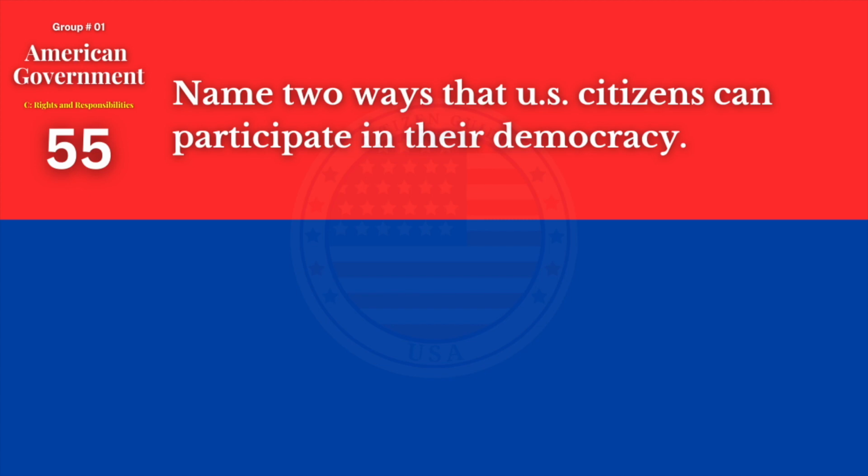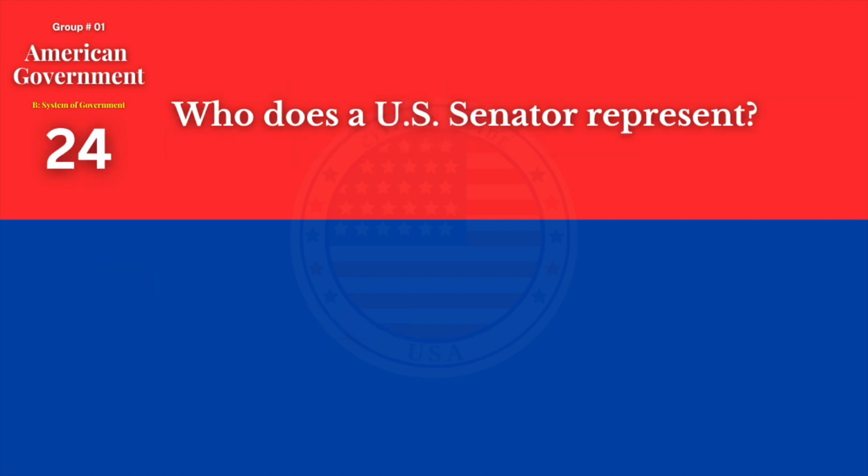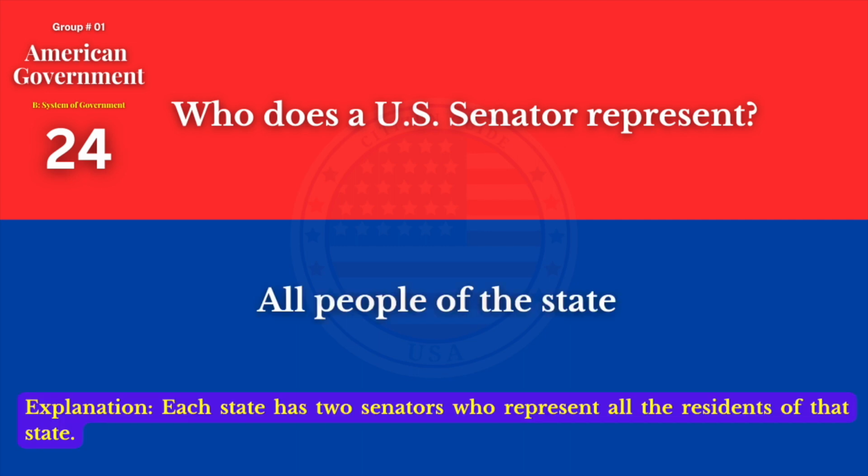Name 2 ways that U.S. citizens can participate in their democracy. Vote, join a political party. Who does a U.S. Senator represent? All people of the state.